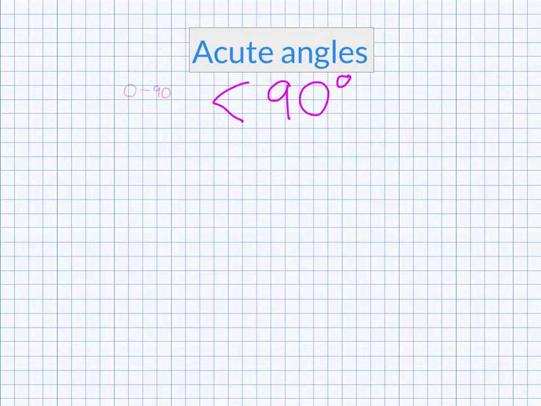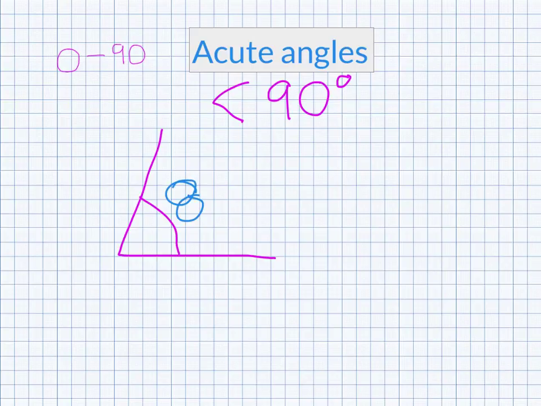Acute angles can look like this, which might be 80 degrees, or it can look like this, which might be 7 degrees.